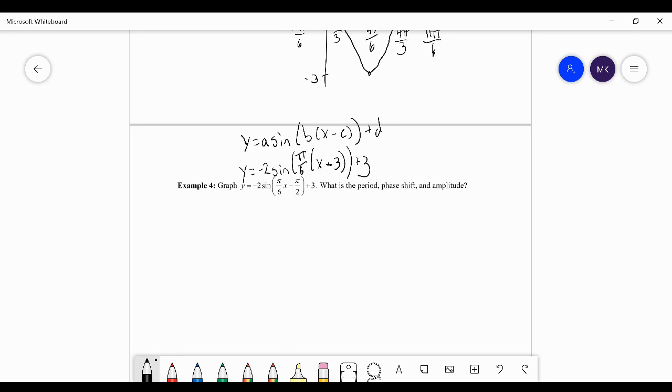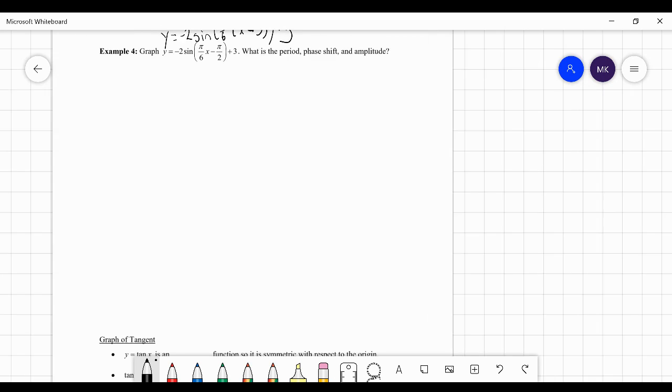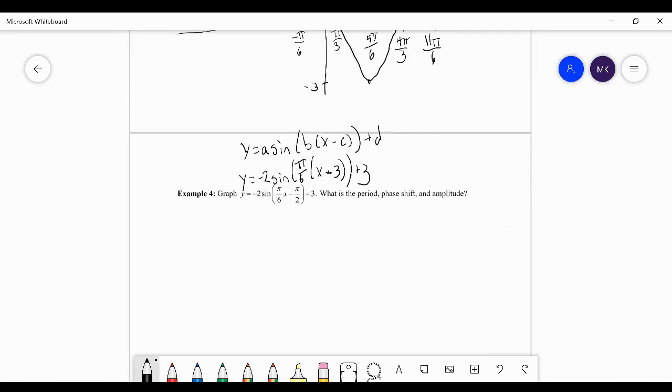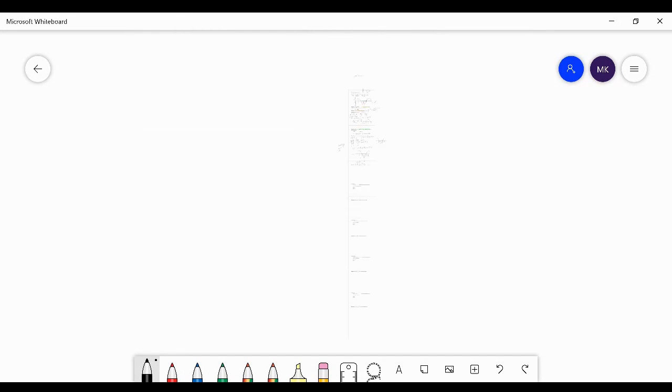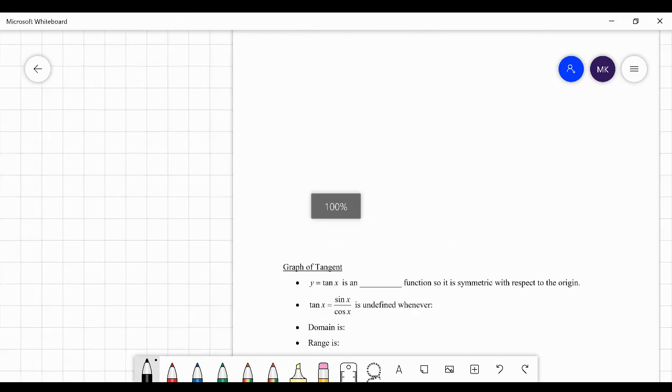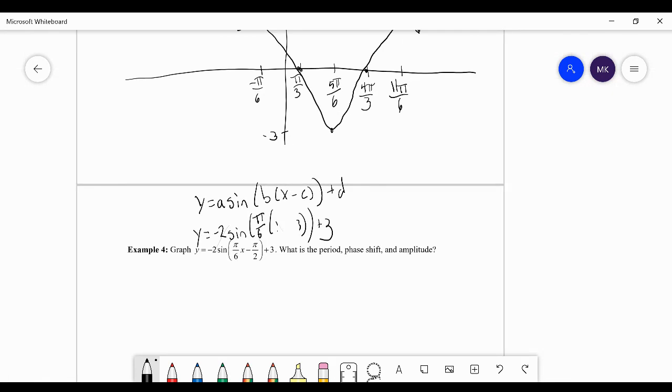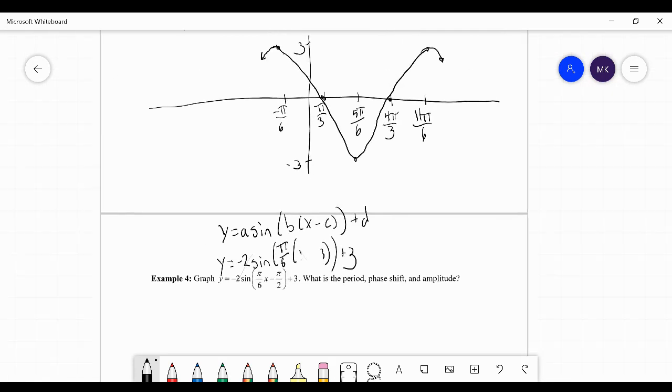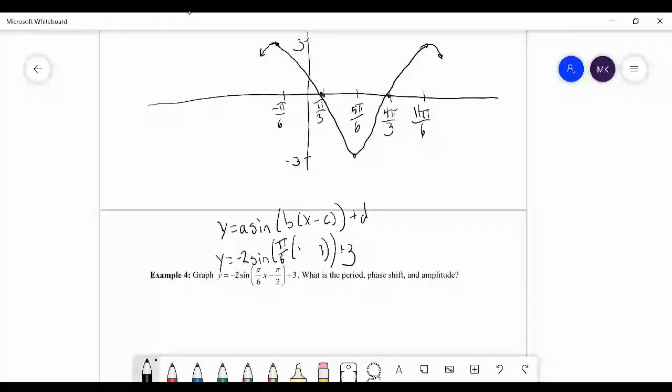So what happened there is if I divide pi over 2 by pi over 6, I just get 3. And so that is how we want to handle something like that.